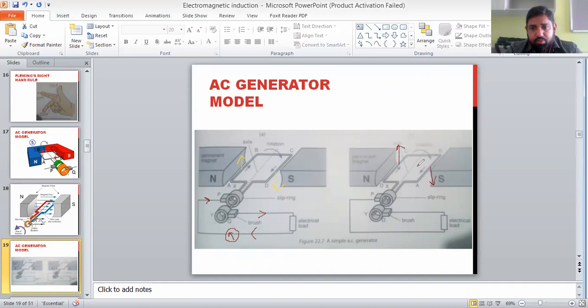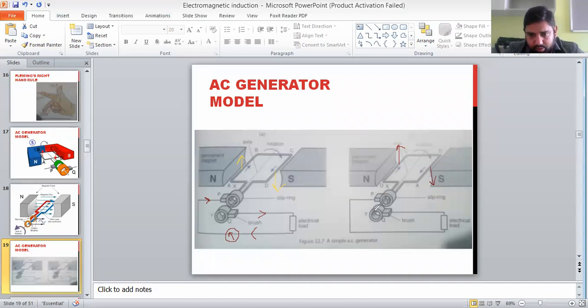Previously, when AB was here, it was moving upwards and CD was moving downwards. Now the direction of forces on the parts of the wires has changed. If you apply Fleming's right hand rule to AB, force downwards, the direction of current is B to A. And for CD, it will be opposite. Direction of current is D to C.